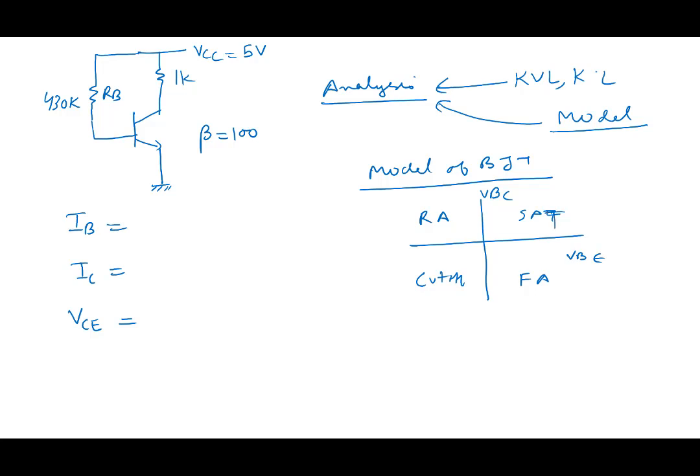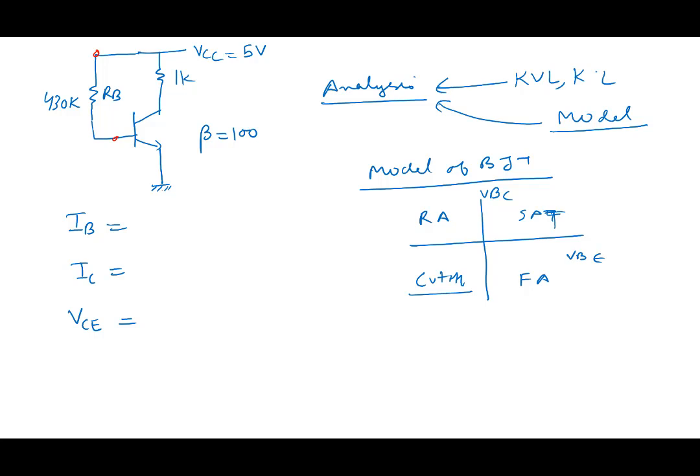Rule out. Is it in cutoff? Can it be in cutoff? Look at this. 5 volt here is connected through RB to the diode here. Between base and emitter, this emitter is ground and base is here.